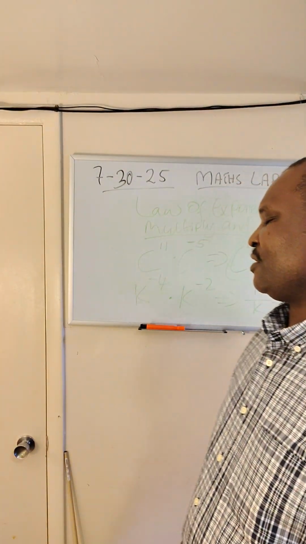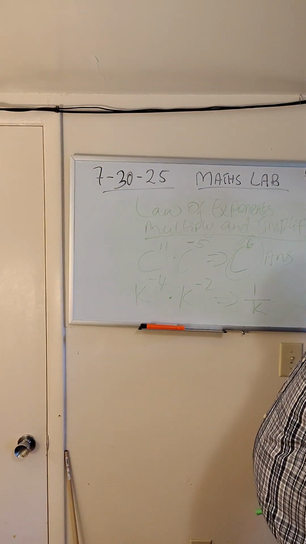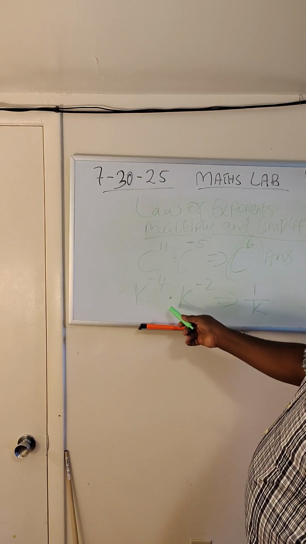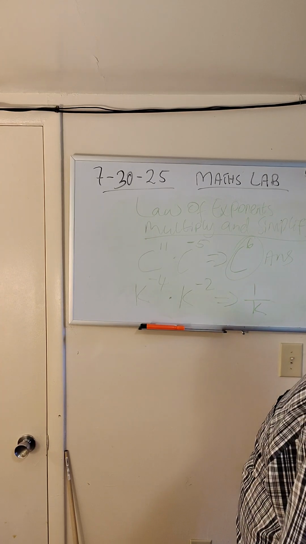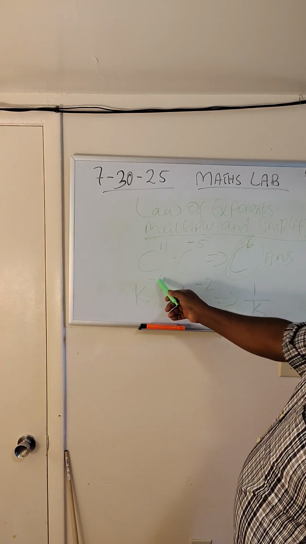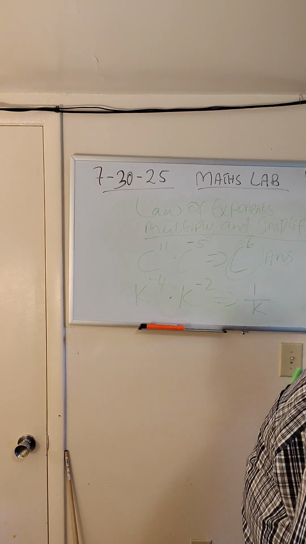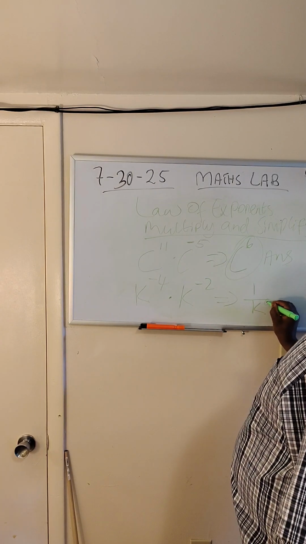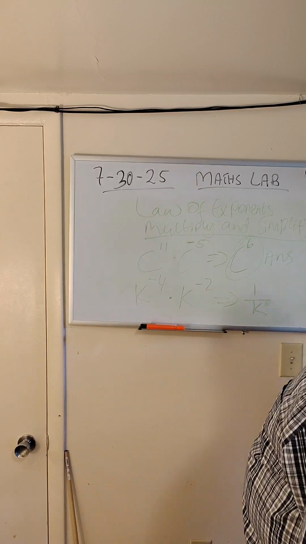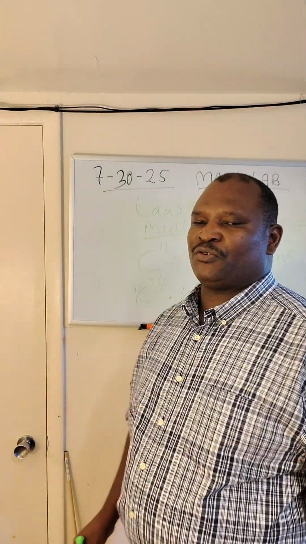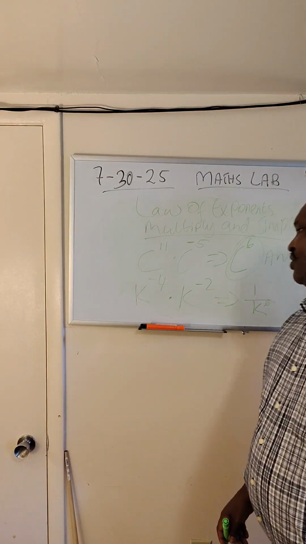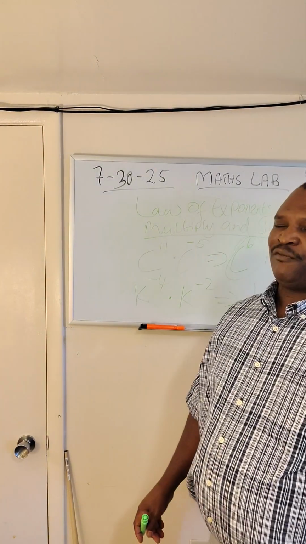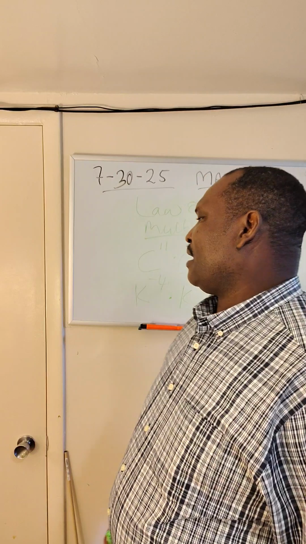So we have k times k is k, and we put 1 over k, and then we add 4 plus 2. So it is 1 over k raised to the power of 6. And notice the difference now: we've taken care of the negative signs.